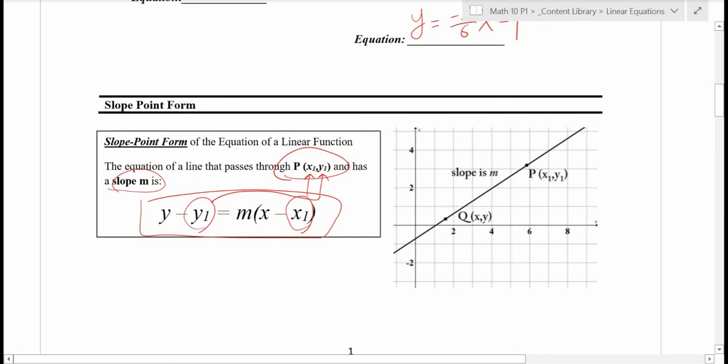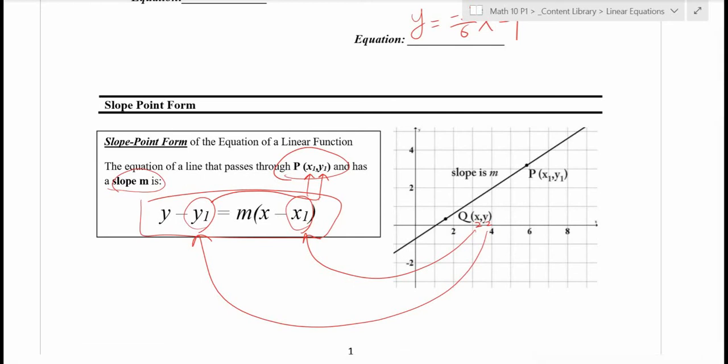Now, it could be any point you want. It doesn't have to be P, it could be Q if you want, and then we just call that x2, y2, it doesn't really matter. We can still plug in the x2 and y2. As long as this point is on the line, you can use that point and the slope to figure out the equation of the line.